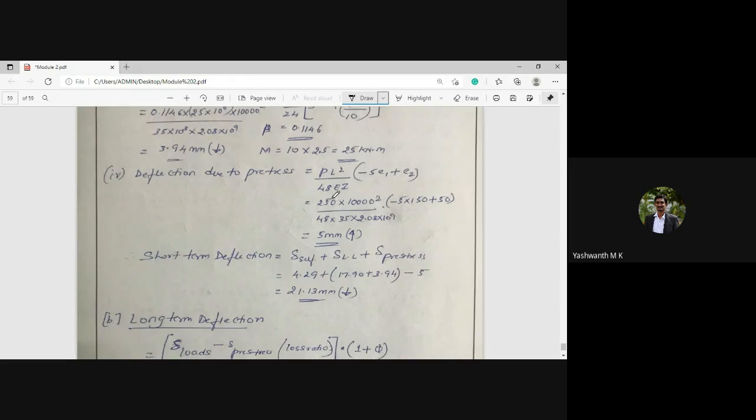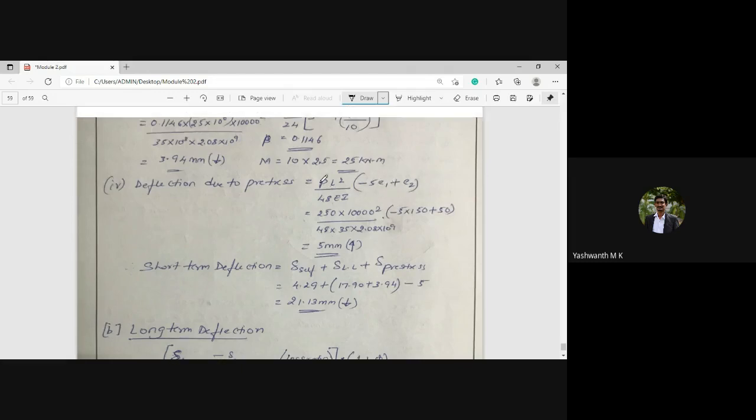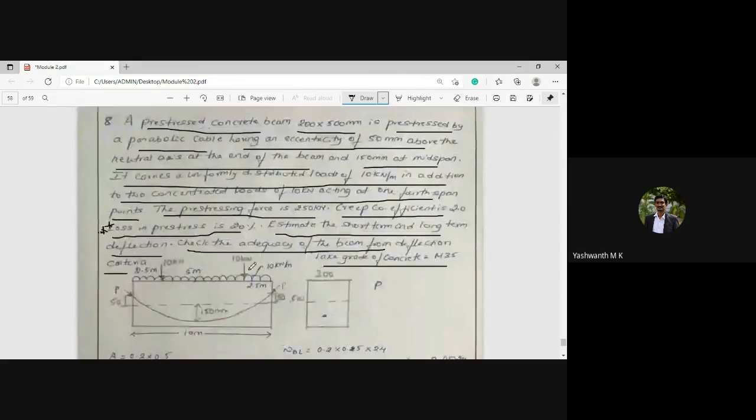That is 250 kilonewton multiplied by 10,000 square divided by 48 into 35 kilonewton per millimeter square into 2.08 into 10 to the power of 9, multiplied by minus 5 into E1, which means mid-span eccentricity, which is how much? The mid-span eccentricity is 150.